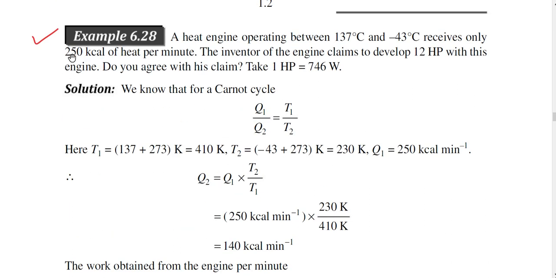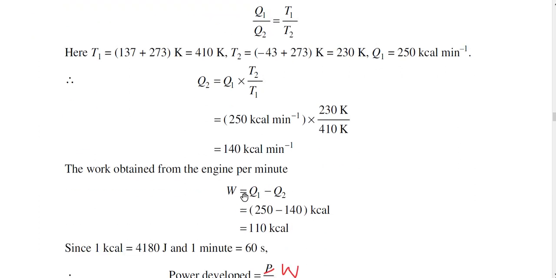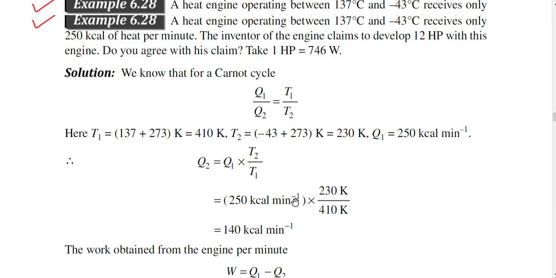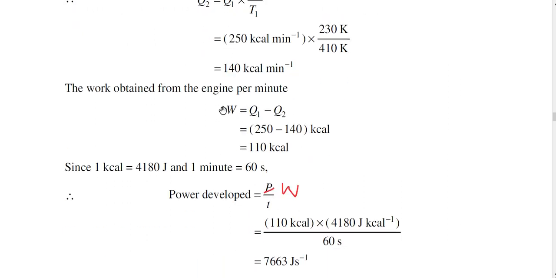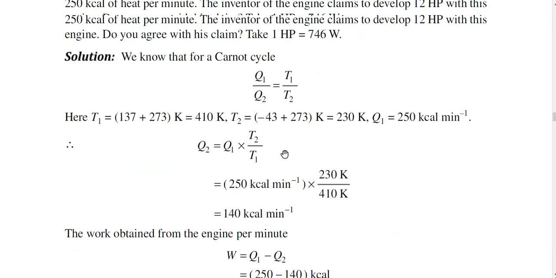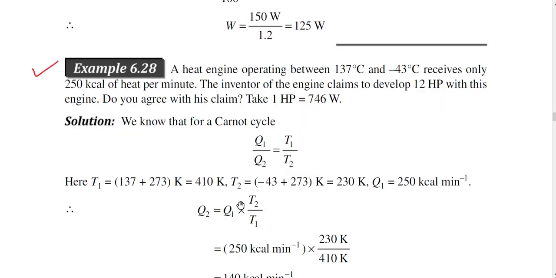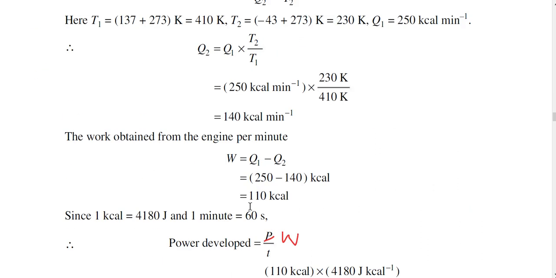As we are using this data directly, the value of Q2 will also be 140 kilocalorie per minute. So, work done W, we know the formula is Q1 minus Q2. Q1 is given and Q2 has been calculated in this particular step. So, we can calculate W, that is the work obtained from this particular engine with this configuration. That much work is 110 kilocalorie.